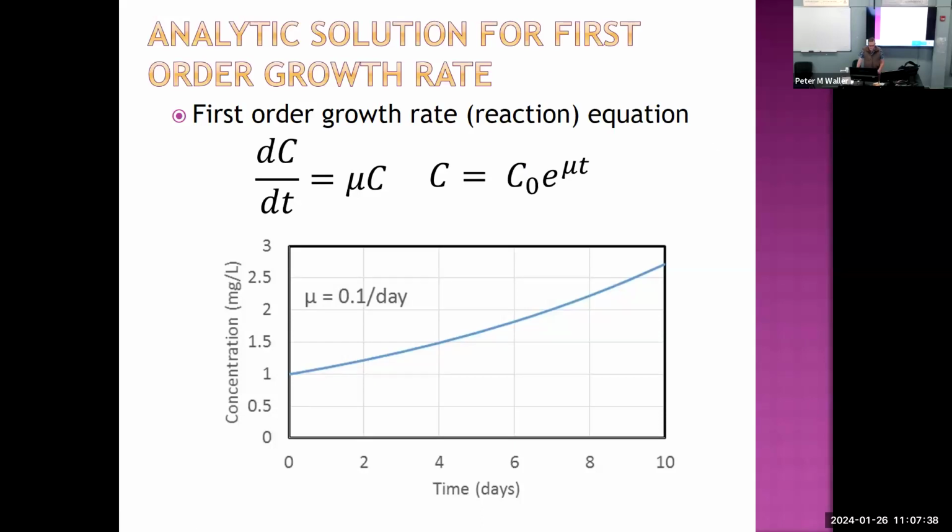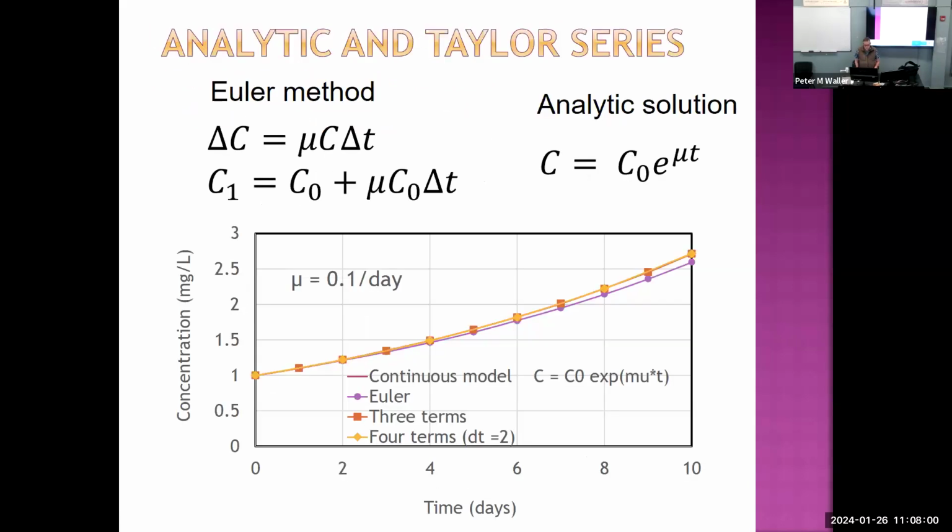Okay, so last time we talked about the analytic solution for the first order growth rate equation. That would be this exponential solution where we have C0 e to the mu t. You worked with that on your previous homework. And the Euler method is a numerical solution. So this is the analytic solution. I also call it the continuous solution because the numerical solutions are calculated at specific time steps.